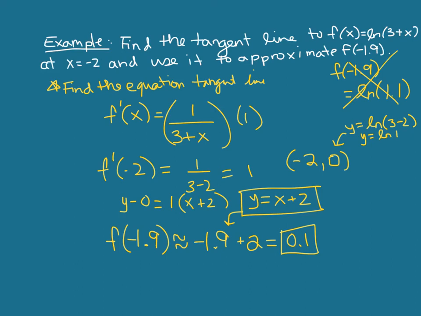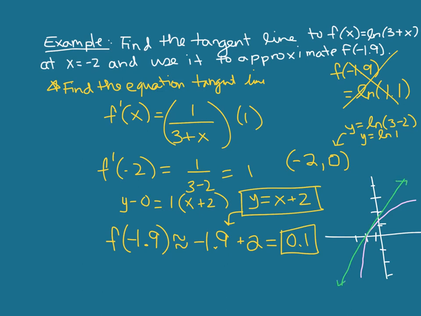So one question that we're often asked is, is this an overestimate or an underestimate? If you know what the graph looks like, it's a lot easier to do it. If you have no idea what the graph looks like, it's a little bit harder, but we will learn some strategies later on to help us out, even if we don't know what the graph looks like. So I'm going to tell you right now, this is not the exact right graph. I'm just drawing a very fast sketch, but I'm hoping you get the idea of what it looks like. And the tangent line of this kind of looks like that.